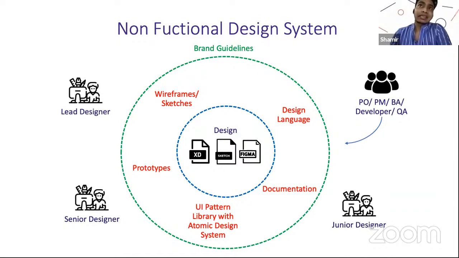As you can see in this diagram, in green, I have highlighted the brand guidelines. It's very important, before we even start on a design system, to understand the product that we are going to build, whether it has an existing brand guideline or needs one, because it really makes an impact when creating a design system.